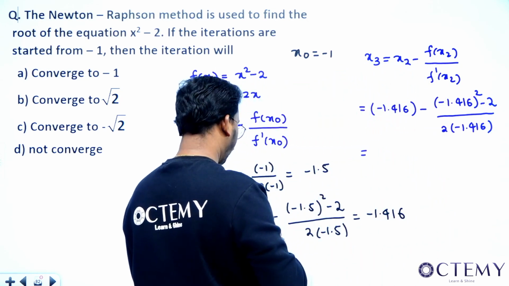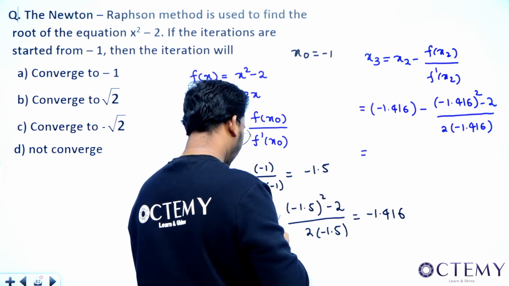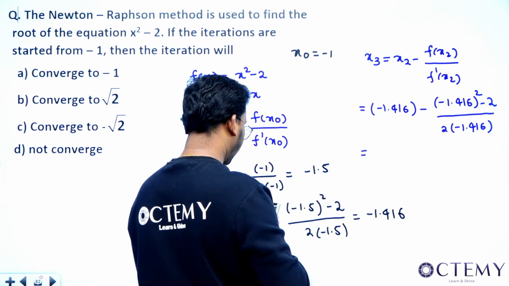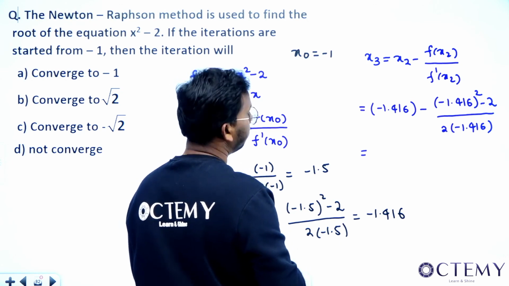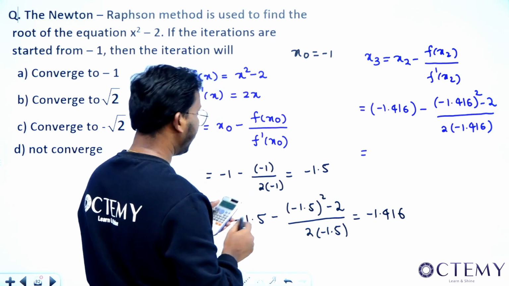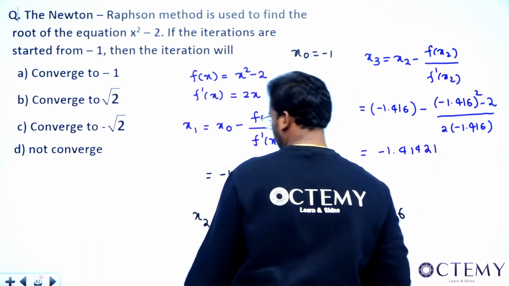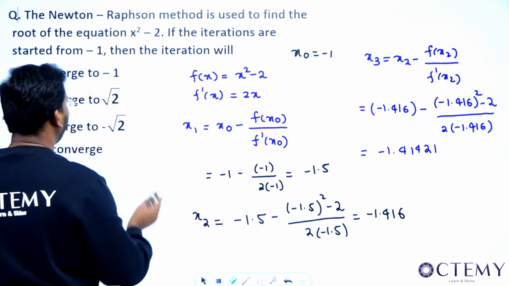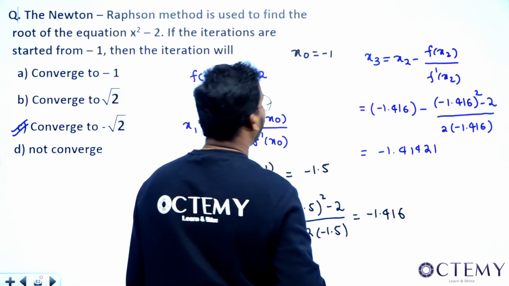That you will get it as minus 1.41421, right? We know that the root 2 value is 1.414. So it converges to minus root 2, sir, right? So this is the answer which we'll get from this.